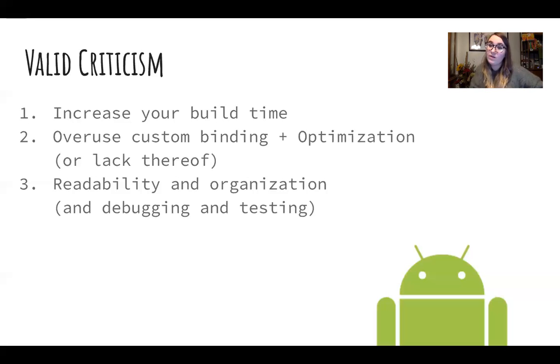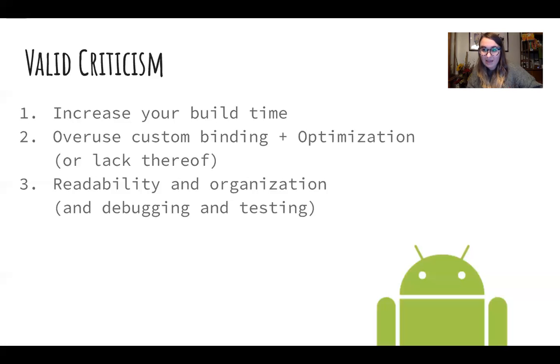For example, for the RecyclerView, there's not any data binding that exists in Android already that could do what you're doing there, and so it makes more sense to write your own in that case. But you should always be careful about making sure you write good optimization. So check if it's null. Check if it's the same as what's already there so you don't reset it. And that will help a lot with number 2.